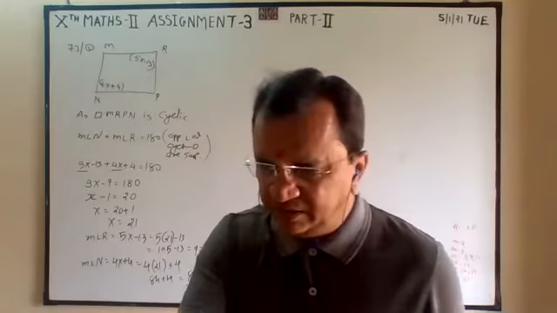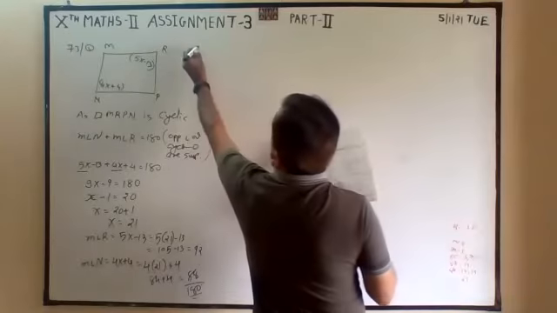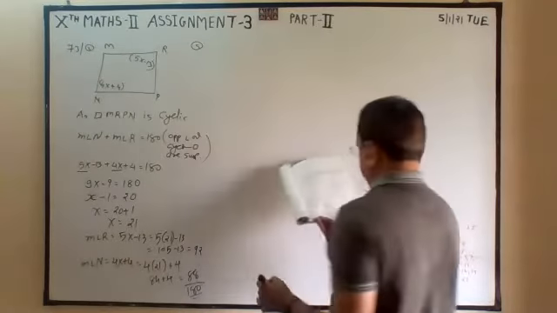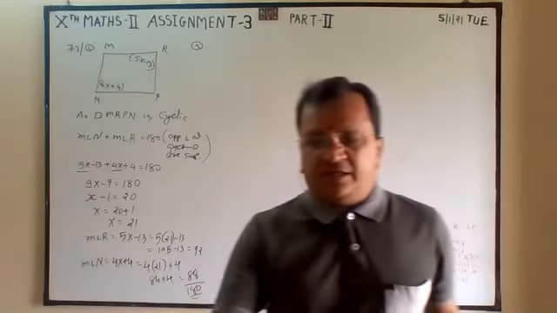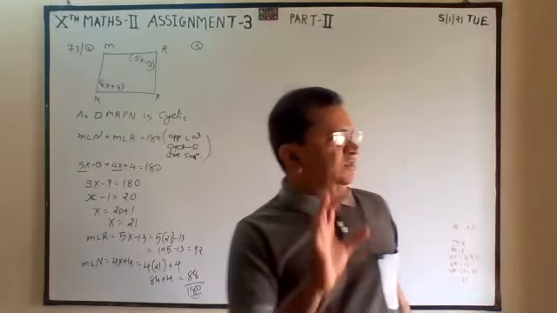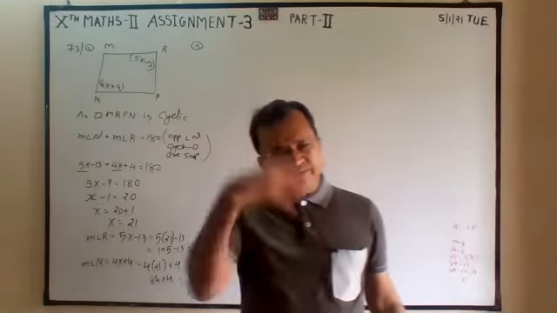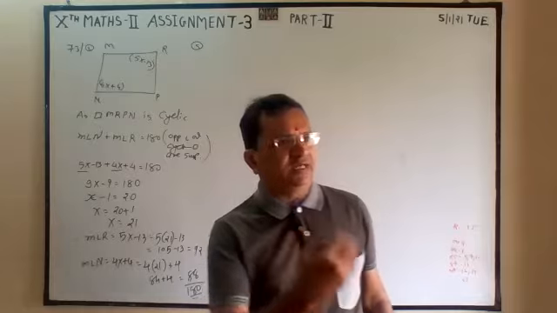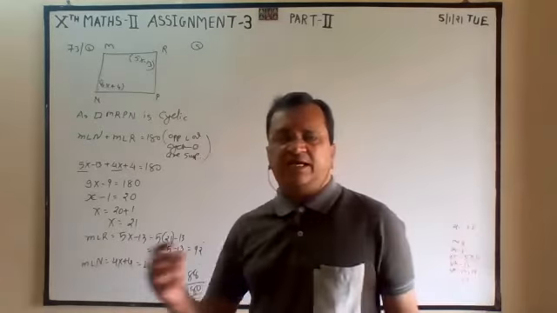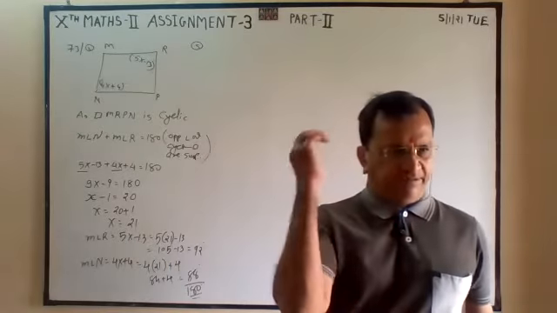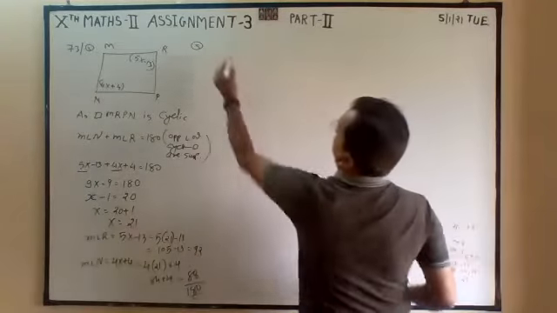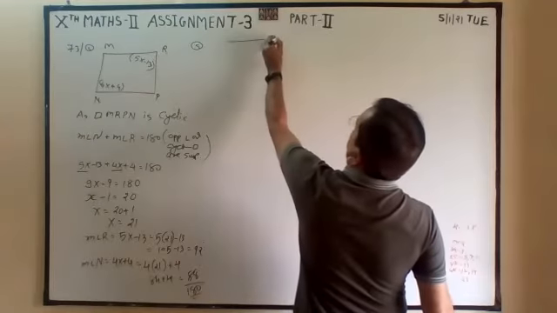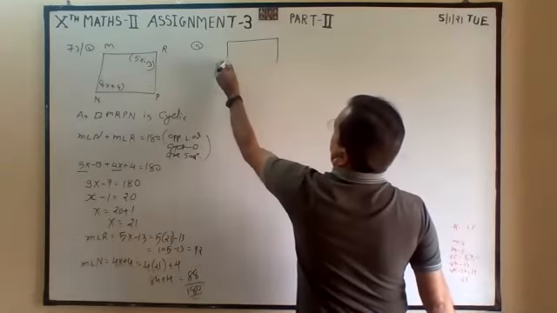Now next one, fifth: rectangle and square are always cyclic. Same proof. If it is given it is a rectangle, prove it is cyclic. If it is a square, prove it is cyclic. So it is a rectangle, given.